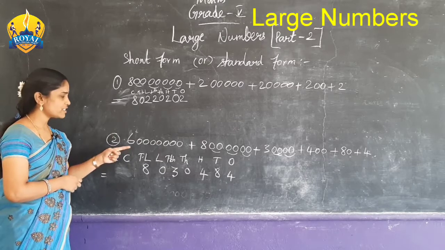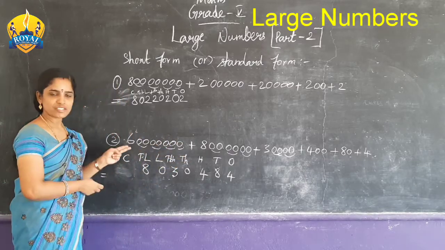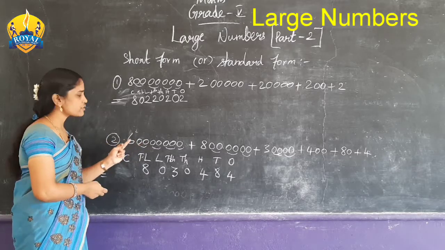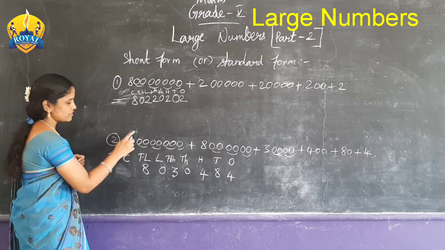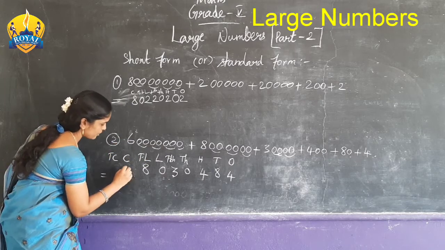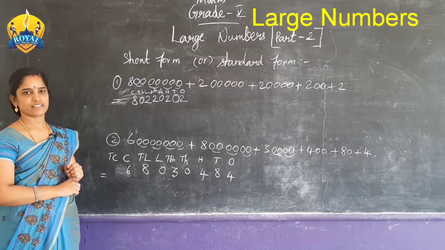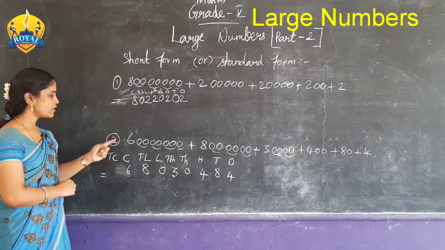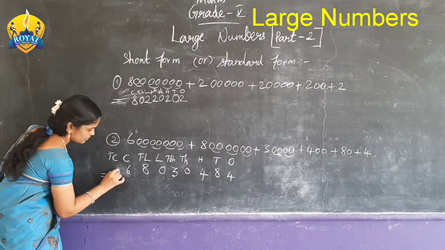The next one, listen, 2, 4, 6, 7, so this is the crore number, 6 crore. The number is in the crore place, so we put the number 6. The next one, 10 crore, is no number, so no need.